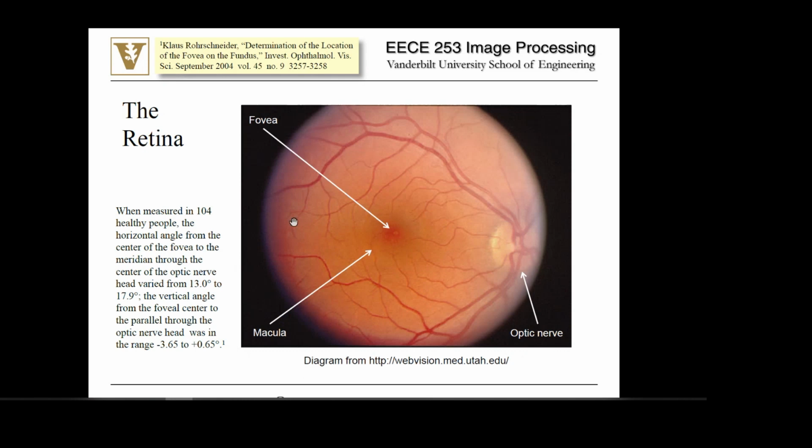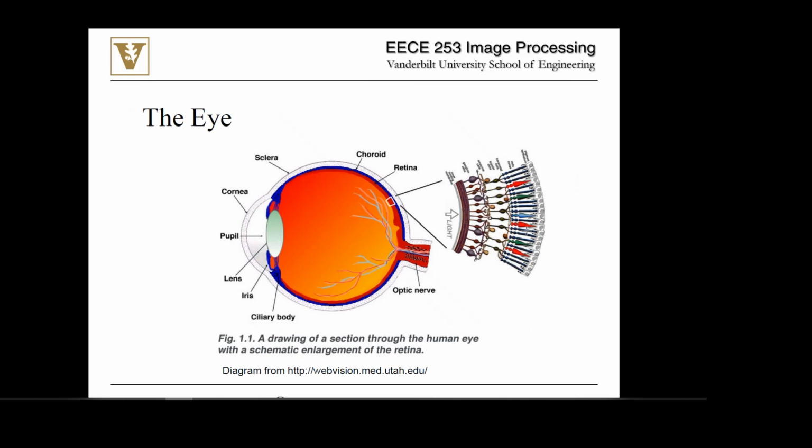And in the retina, we have an area that is called the fovea, where we have more receptors. There is another region, this one, where we don't have any receptor at all. Where the optic nerve reaches the eye, here we don't have a receptor. So we have a blind spot there.